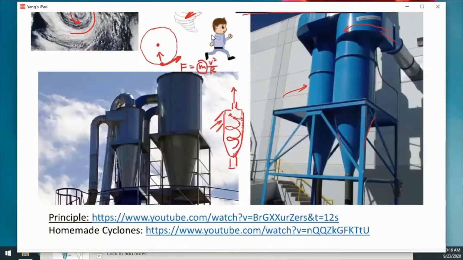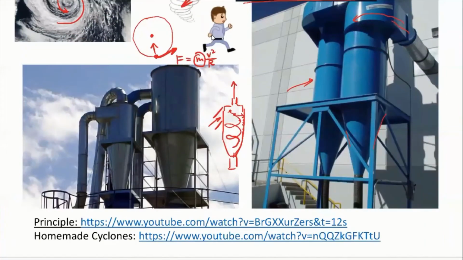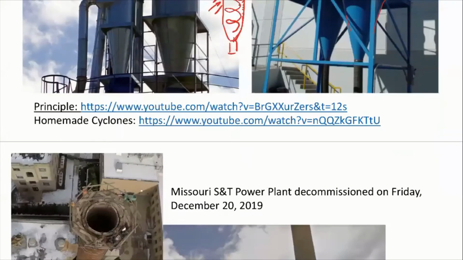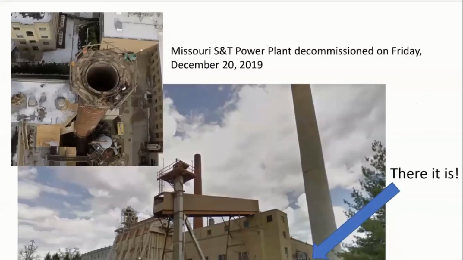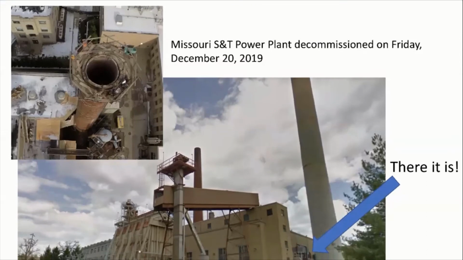Let's get back here. I think maybe most of you know that our school used to have a coal-fired power plant. Last year, actually last December, our school decided to decommission the power plant, right?